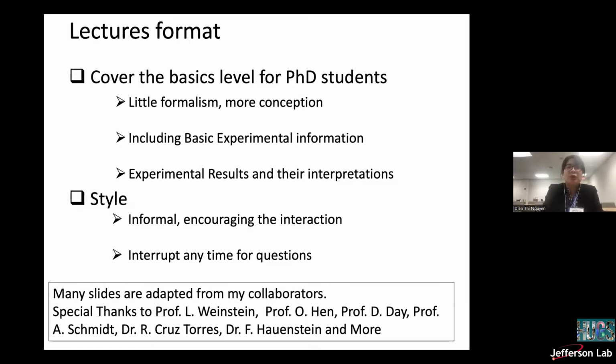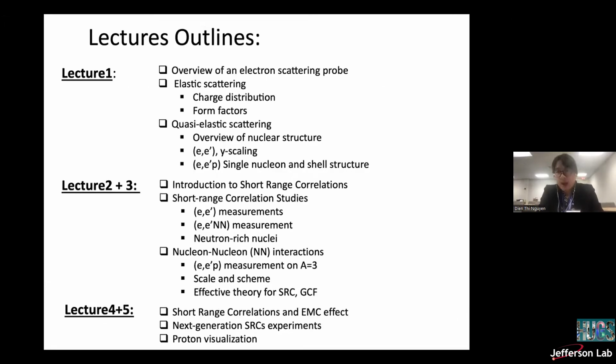Okay, so we will have 5 lectures, and I will give all 5. These lectures will focus on nuclear structure, and specifically on short-range correlation. In lecture 1 today, we will have an overview of the electron scattering probe.